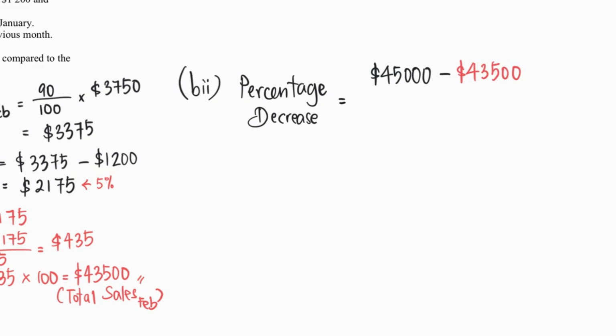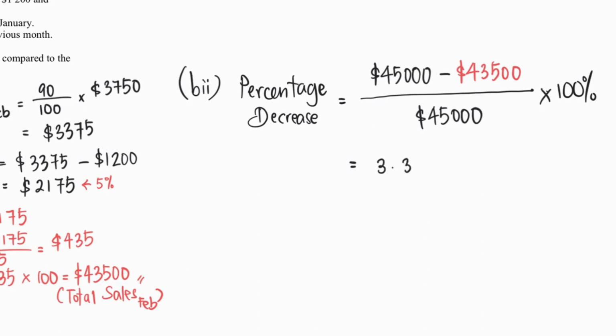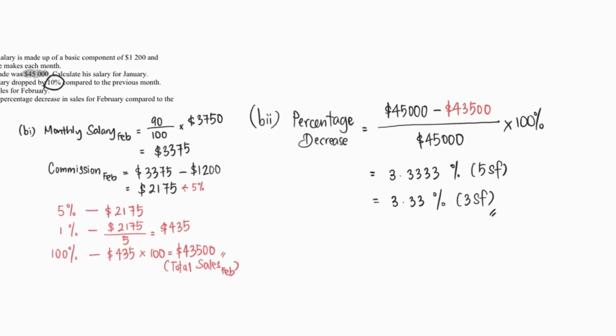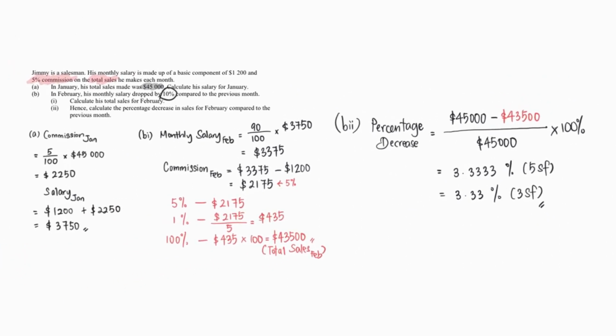So that will represent the decrease over the original times 100%. And this will give me a value of 3.3333, followed by a 3 significant figure answer. And that will be the percentage decrease for this question. Thank you for watching this part of the video. And let's move on to the next question.